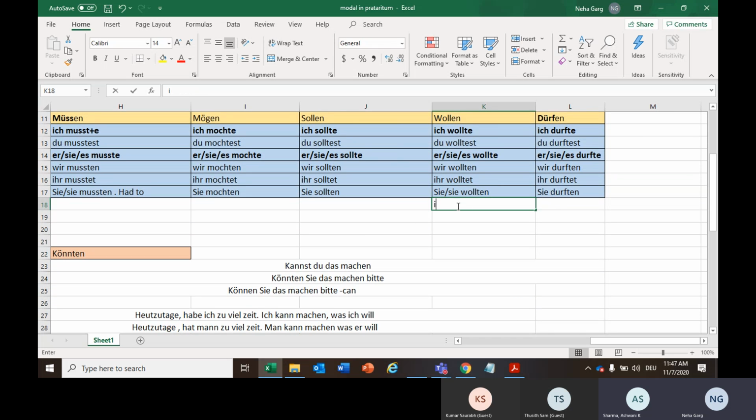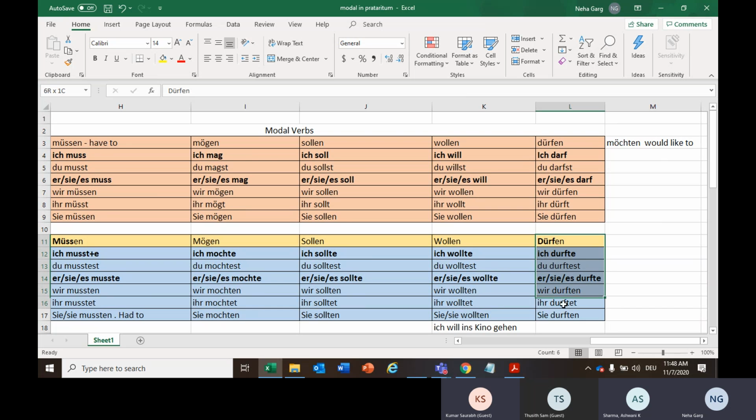So ich will ins Kino gehen, I want to go to the movie theater, aber hier ich wollte ins Kino gehen. I wanted to go to the theater. I wanted that in past. Maybe I don't want it now, or maybe I will want it. But this is I want, and this is I wanted to go to the theater.